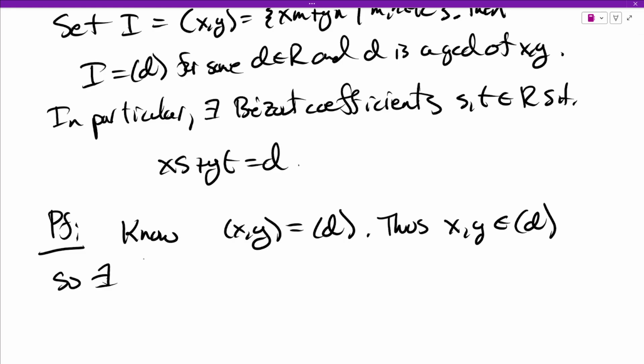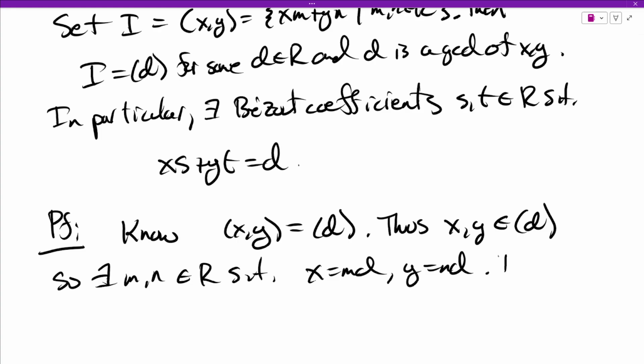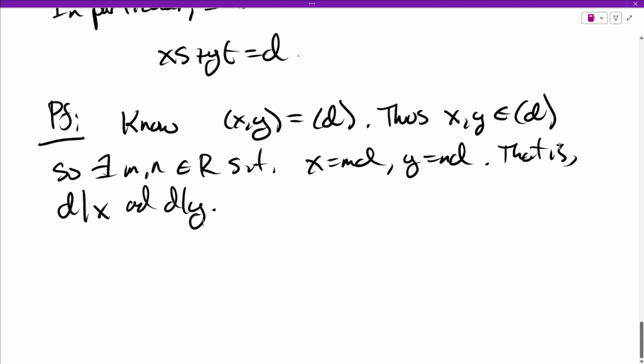So there exist some m and n in R such that x is md and y is nd. That is, d is actually a common divisor of x and y. Awesome. Okay, that's the common divisor part. Now we have to do the greatest part.